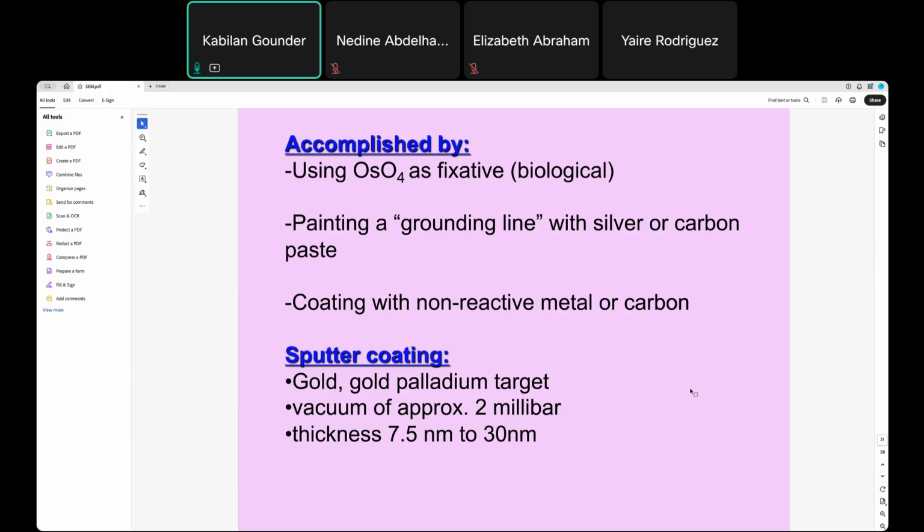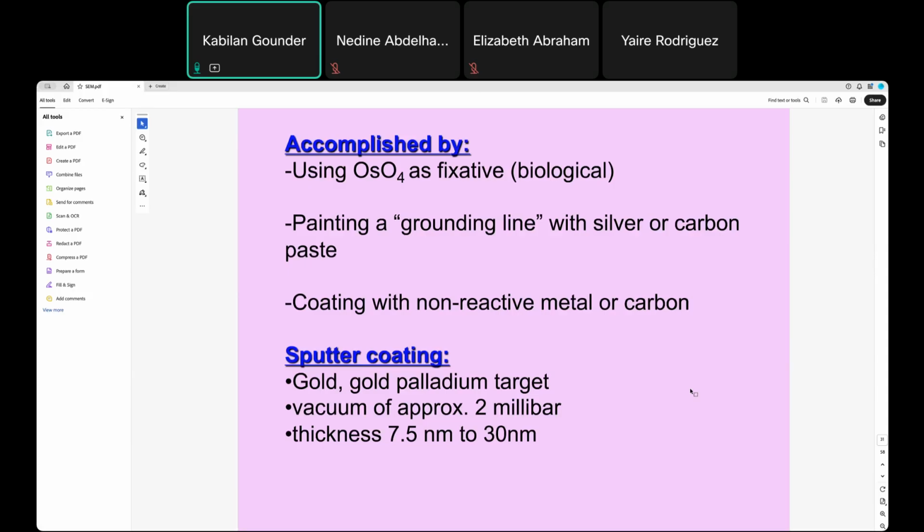And the thickness of the gold particles deposited on the surface of your sample should be 7.5 nanometer to 30 nanometer, so that will be coating your samples.